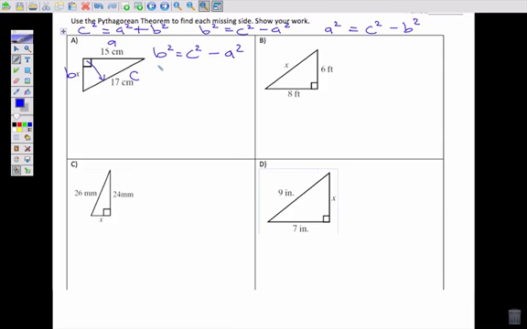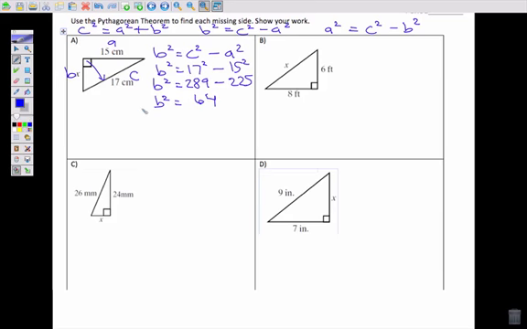All right, so now I'm going to plug stuff in. B squared is equal to C squared, which is 17 squared, minus A squared, which is 15 squared. And now I'm just going to do the math. 17 squared is 289, and 15 squared is 225. So B squared is equal to 289 minus 225, which is 64.